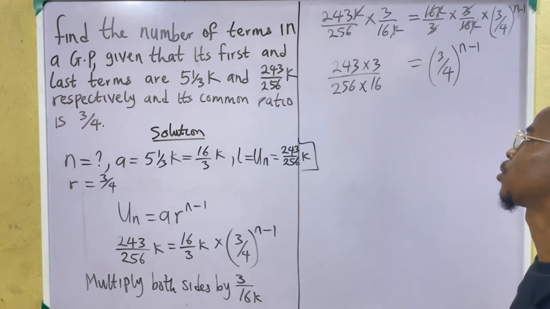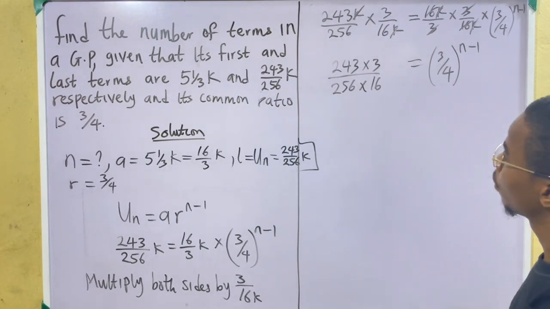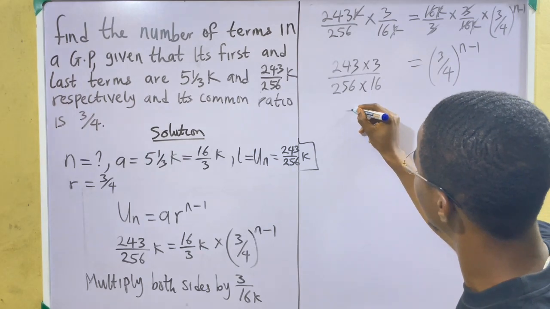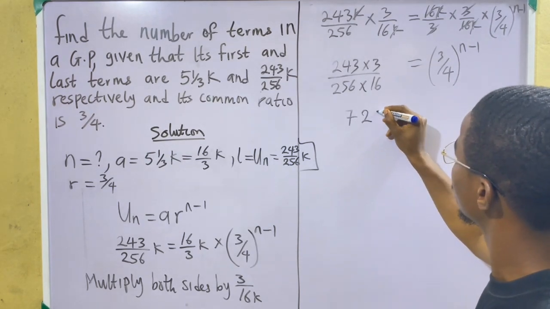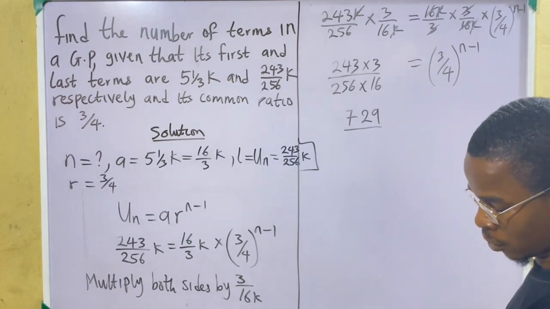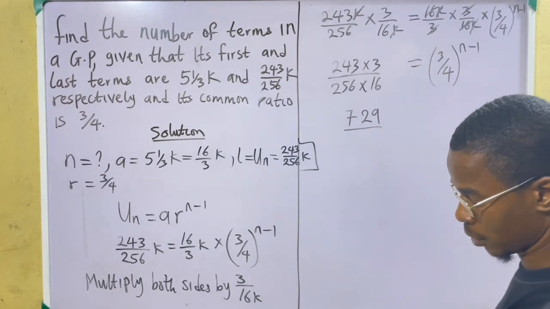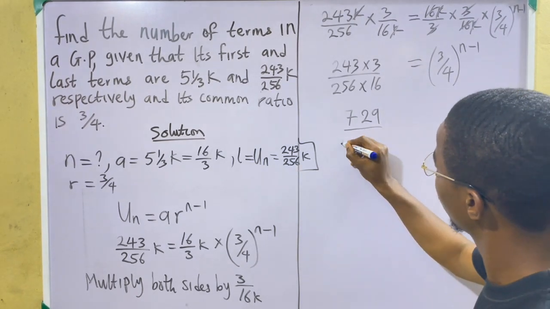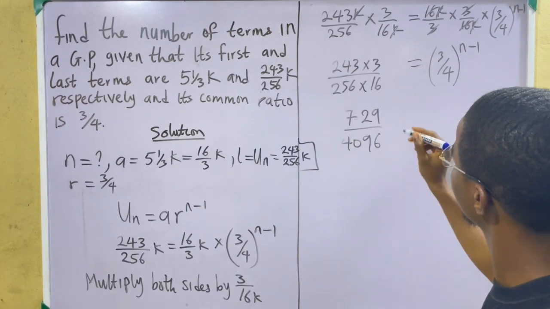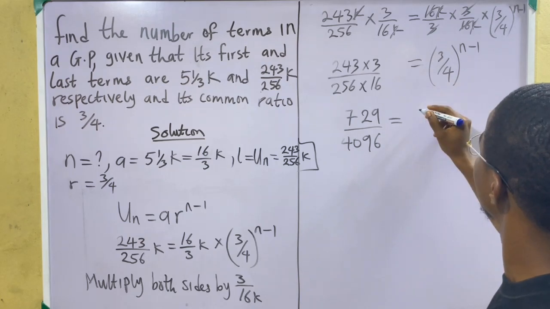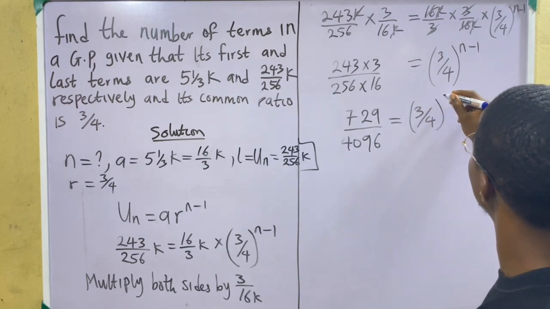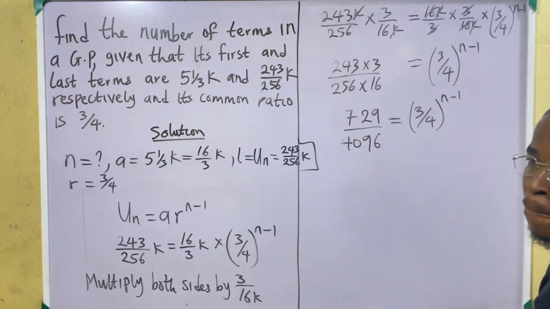Now we can press it on our calculator to see the answer. 243 times 3 is 729 all over, for the denominator, 256 times 16, 4096, equal to, here we still have our 3 over 4 to the n minus 1.